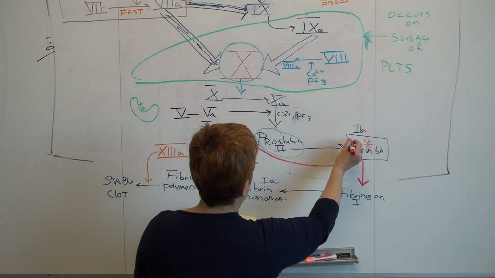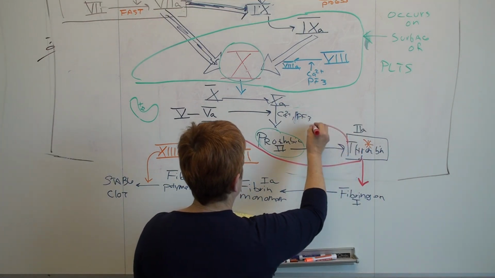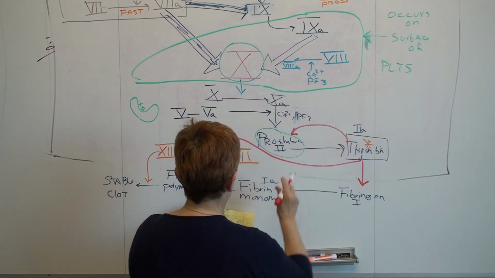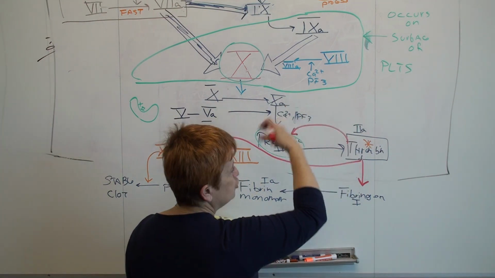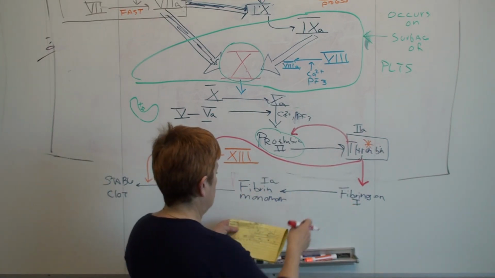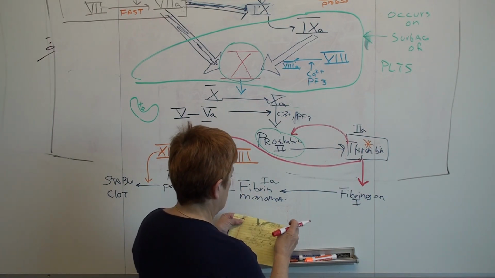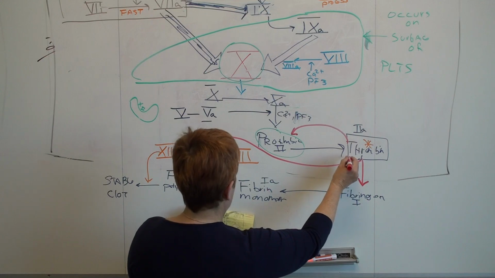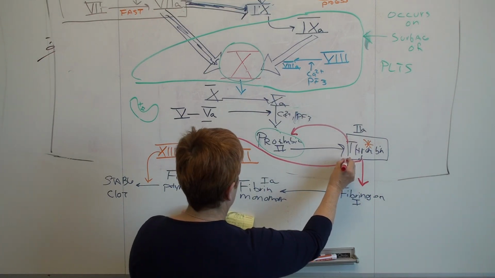Thrombin also goes back to work on your prothrombin, so it just keeps doing this like a circle so that it can make more fibrinogen. And thrombin also works on 5.